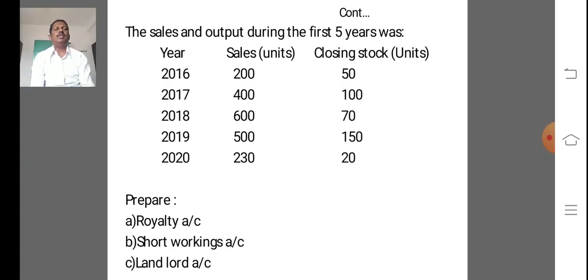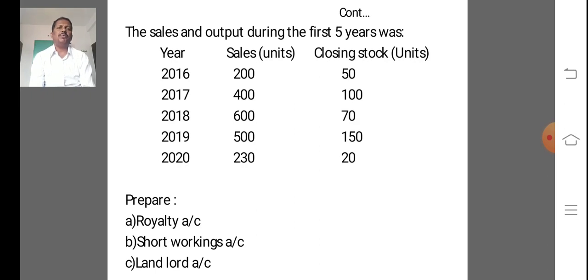So the sales and output during the first 5 years was: year 2016, 17, 18, 19, 2020. Sales in units, closing stock also given in units.